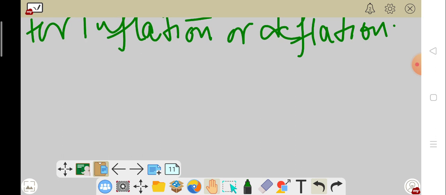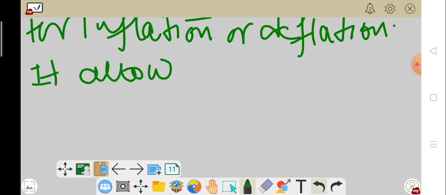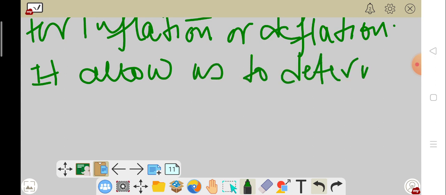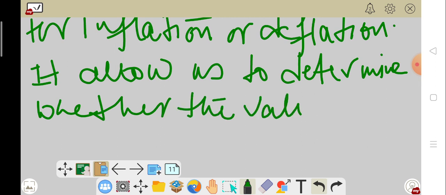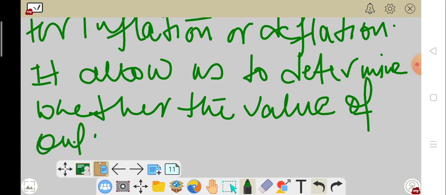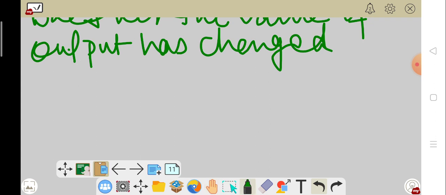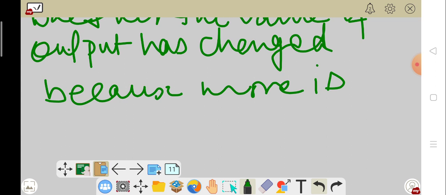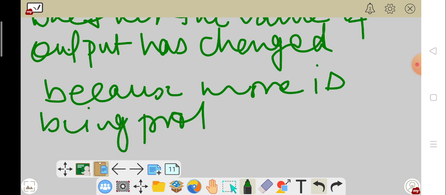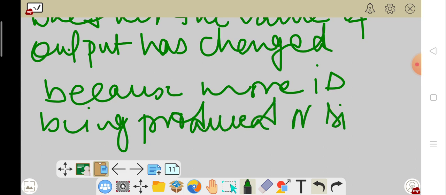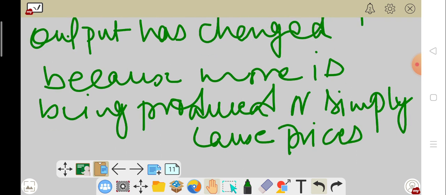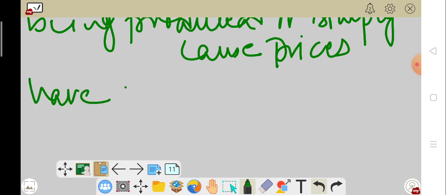It allows us to determine whether the value of output has changed because more is being produced, or simply because prices have increased.